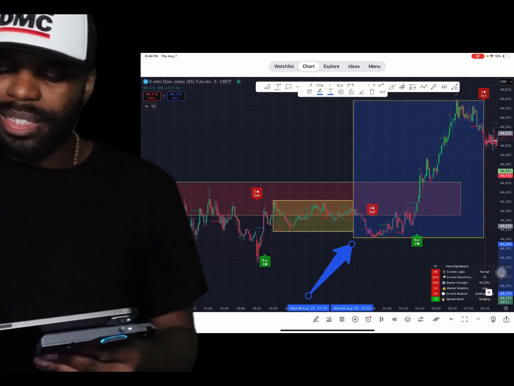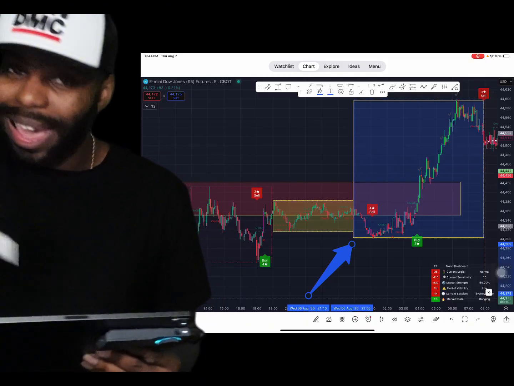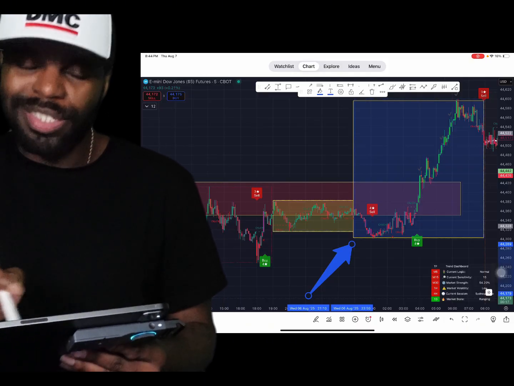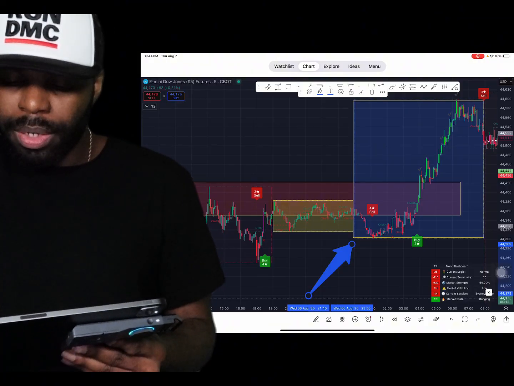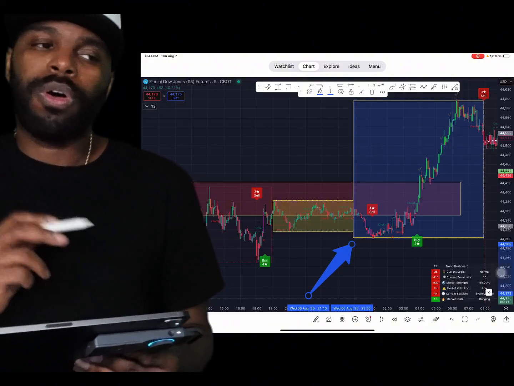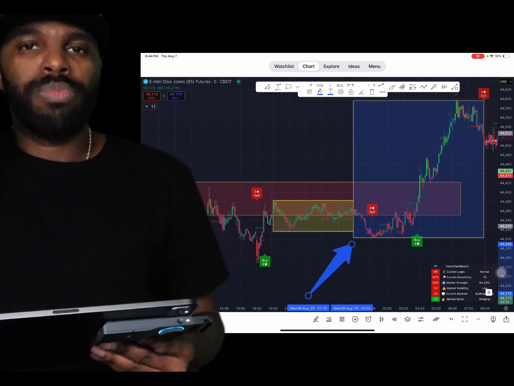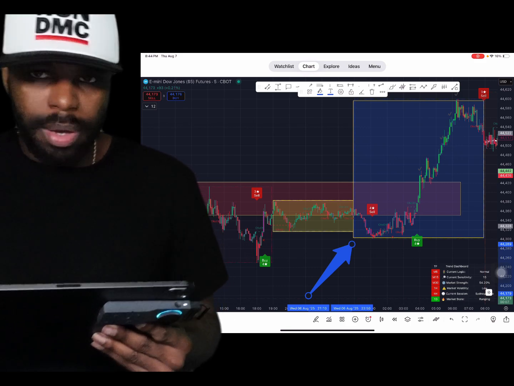You see that London session swept below Asian session, which is the yellow box, and London session swept below it. That's a sweep, all right? So when that happens, there's most likely a reversal coming.